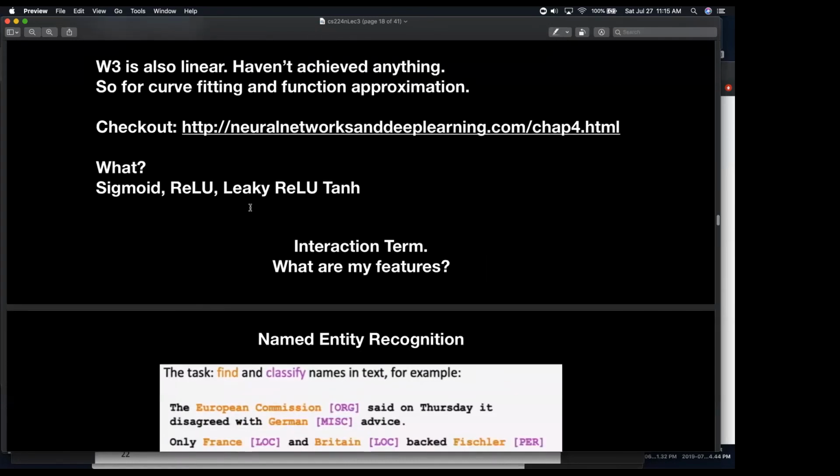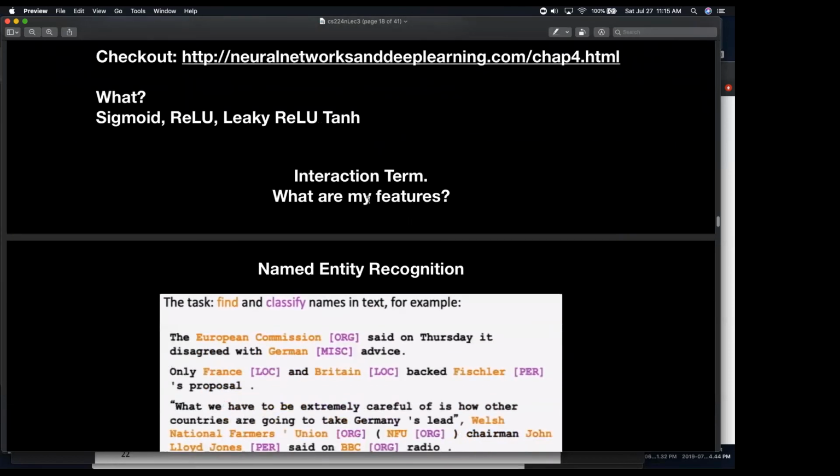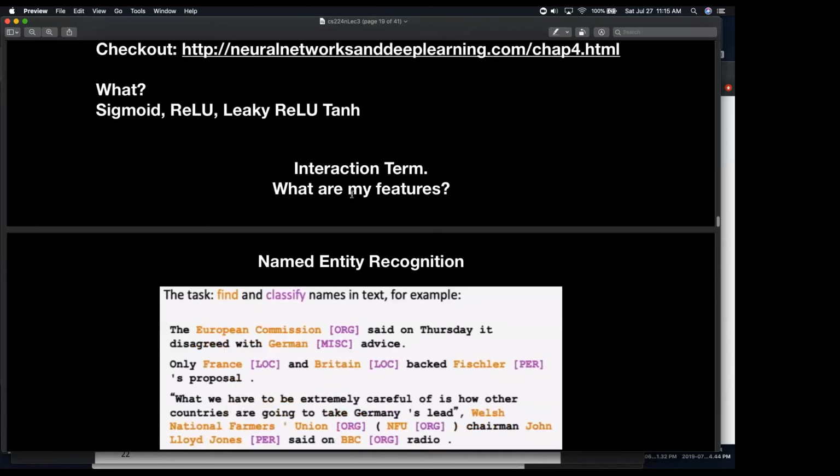These are examples of some of the activation functions. This is something we covered already, interaction terms. If you're trying to look at what your features are, it's really hard to do that when a neural network spits something back and you try to make sense of the features. But if you draw back to word2vec, you remember the site from one of those recommended blogs.